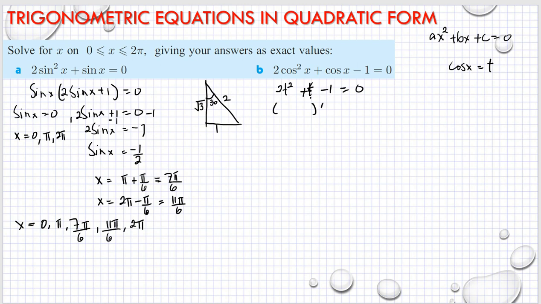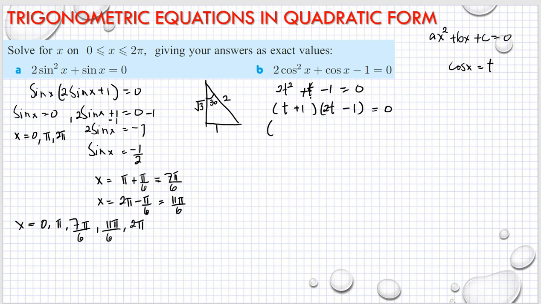If we factor that, we have plus 1 there and minus 1 there, because we have negative there. That means this is 2t, and this is t, because 2t multiplied by positive 1 is 2t, and negative 1 times t is negative t. So we have positive t there. That is equal to 0.